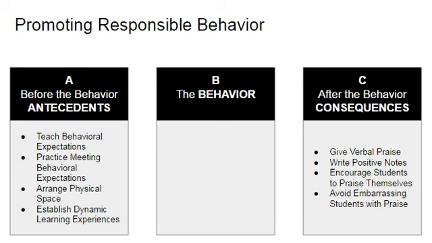For example, this could be verbal praise, a positive note, or simply encouraging the student to praise themselves. Also, you want to make sure to eliminate unpleasant consequences. Ensure that students do not experience negative results from exhibiting responsible behavior.